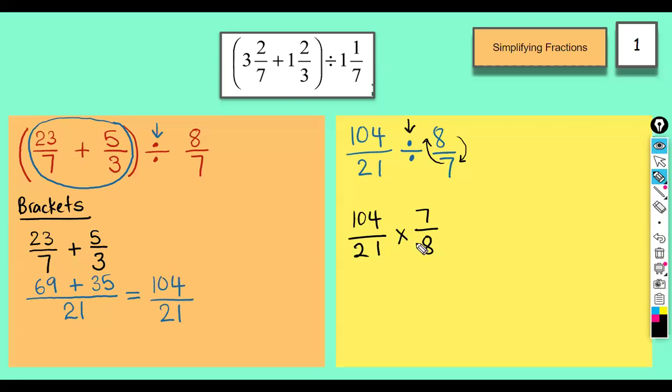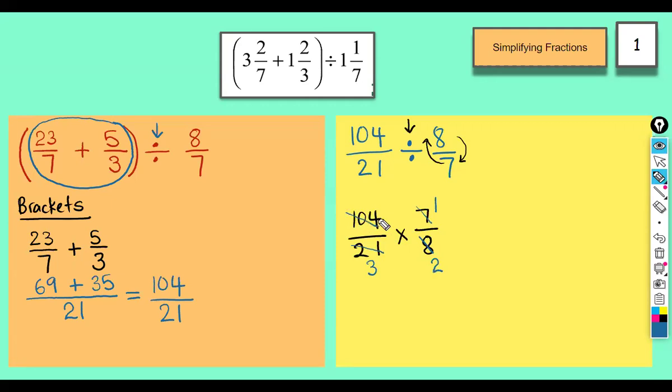Before we multiply this out, can we simplify anything here? I think I see something that can be simplified pretty easy. 7 into 7 is 1. 7 into 21 is 3. So that could be reduced. What about this? 104 divided by, I think 4 could go into 8. 4 into 8 is 2.